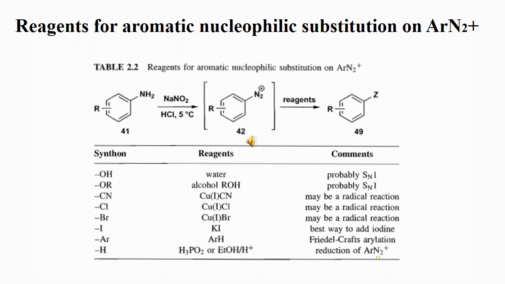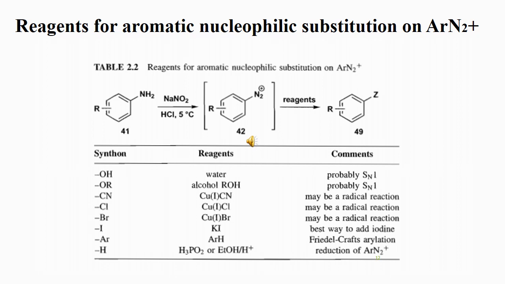Now if you want to show the disconnection of 49, the synthons which can be formed are OH, OR, which can be substituted in the place of Z in 49.